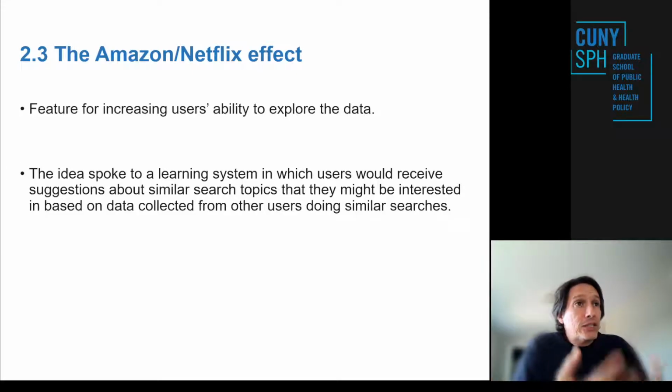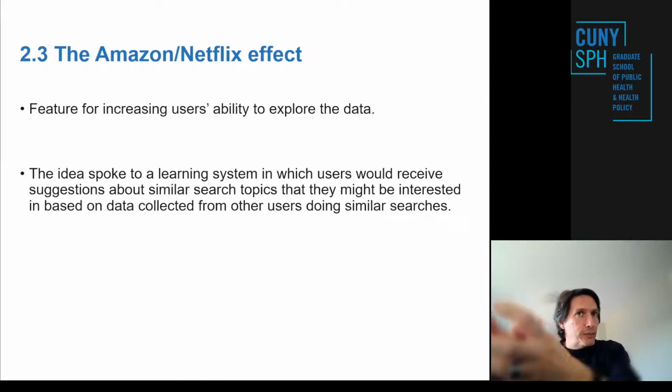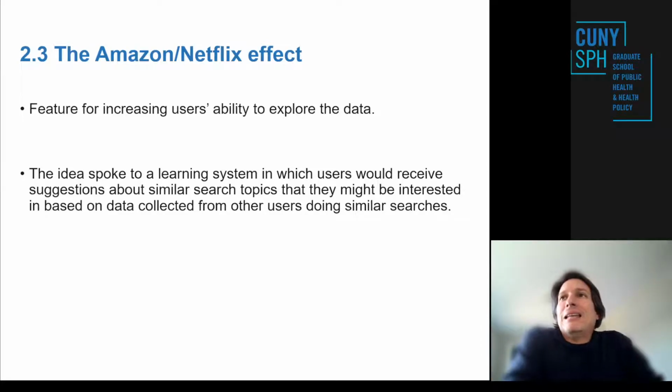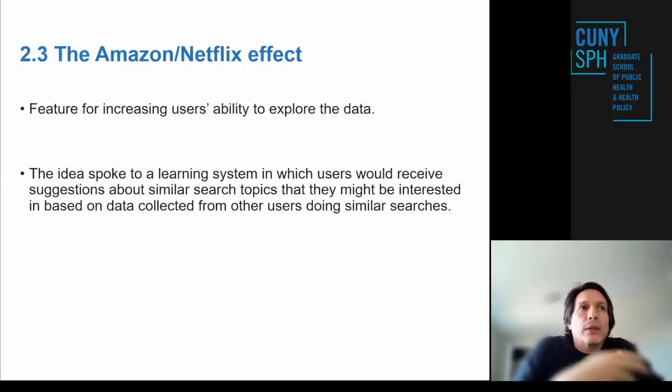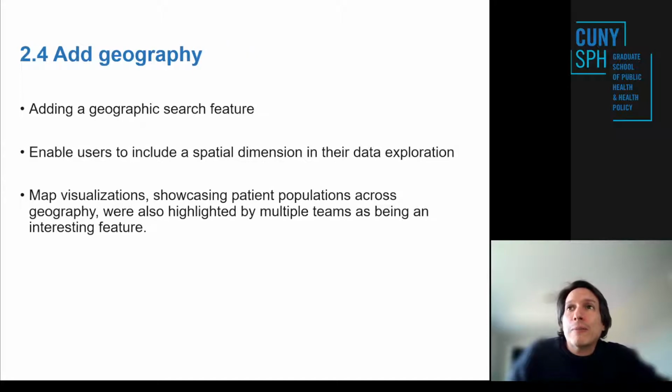Both Amazon and Netflix have this feature to recommend to you: we think you may like this movie or this series, I think you may like this product. That's the Amazon Netflix effect. Of course, this is also used in marketing and other domains, but this is about content directly related to your behavior. This was discussed by them, and it suggests similar search topics that they may be interested in, based on the data collected from similar searches or similar uses.